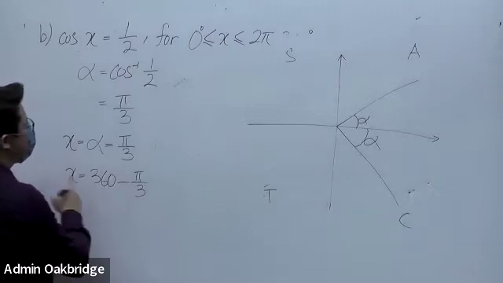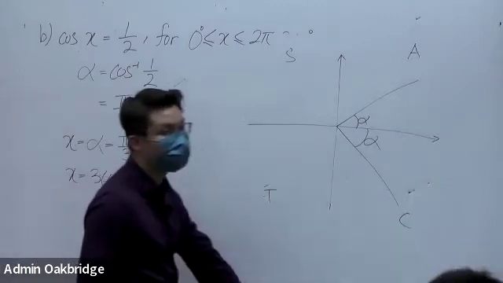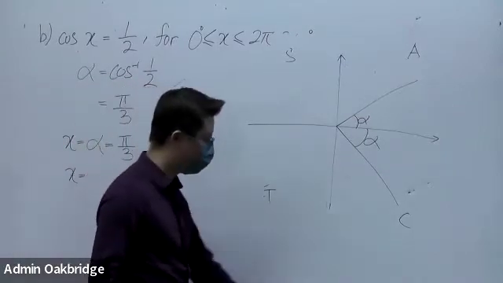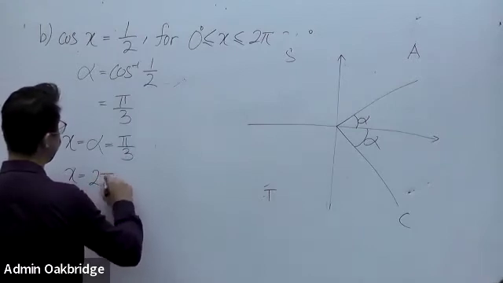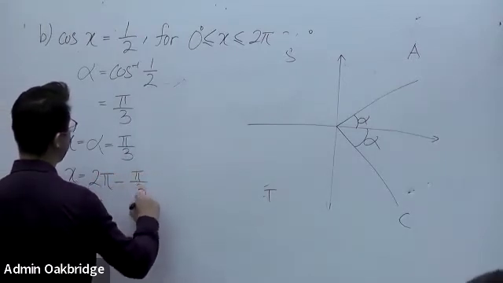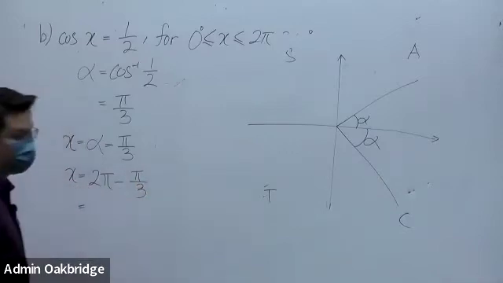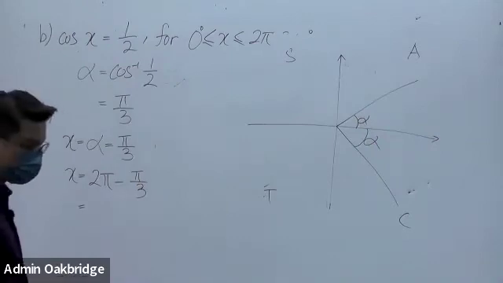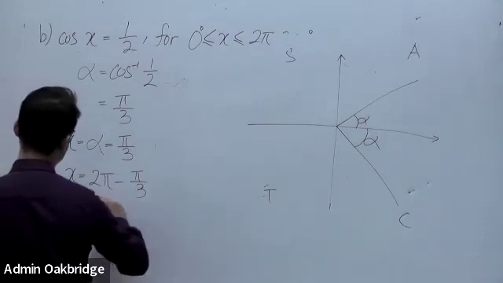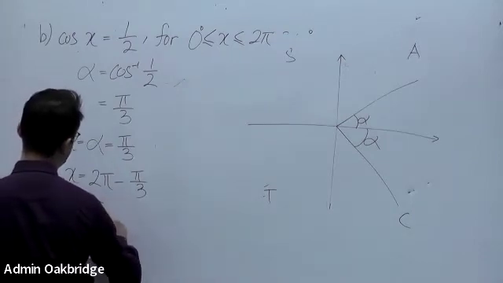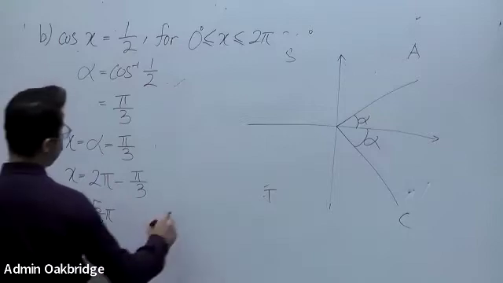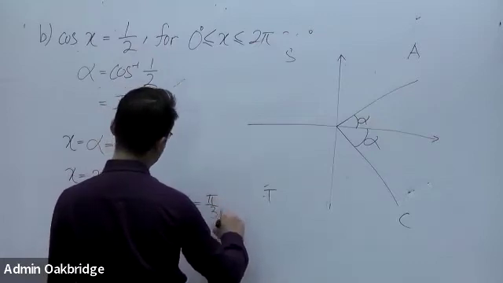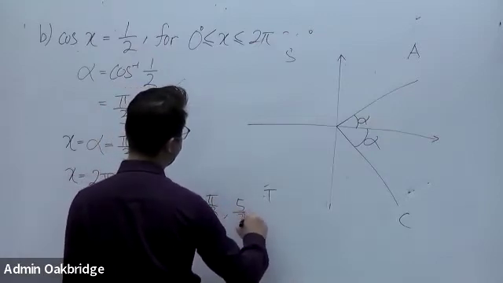Can I use 360? Cannot, right? Because it is in degree. So you should use 2 pi minus pi over 3. So what do you get? 2 minus 1 over 3, that is 5 over 3 pi. So now we have two answers: x equals pi over 3 and 5 over 3 pi.